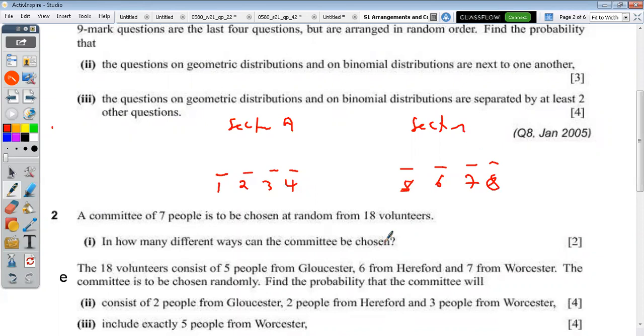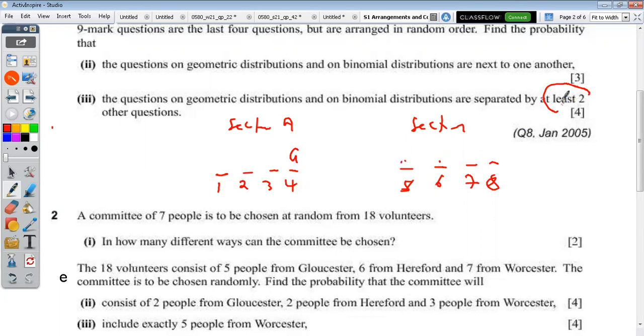So then I was saying, if they are separated by at least 2 other questions, if the geometric is on position 4, I can never have binomial on this because they are not separated by any other question. If I have the binomial on question 6, it's 1 space. It needs 2 or more.